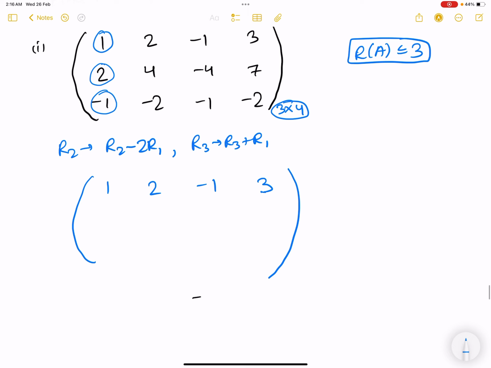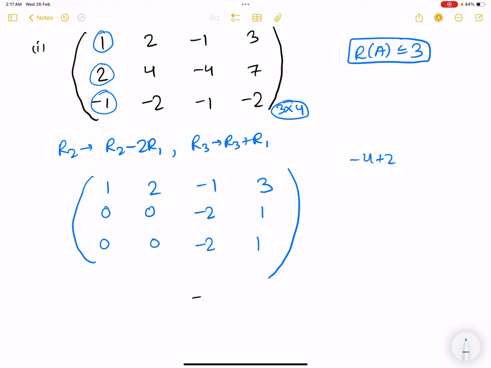Okay, the first operation would fetch you 2 minus 2 0, minus 4 plus 2 is minus 2, 7 minus 6 is 1, 0 0, minus 2, 1.